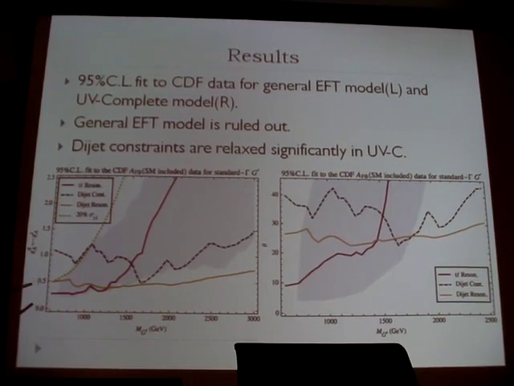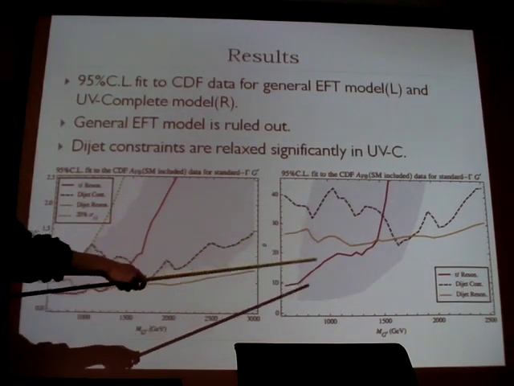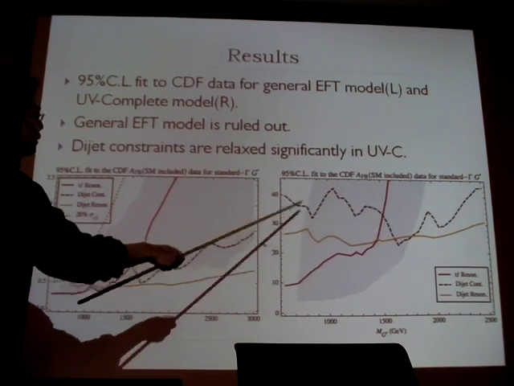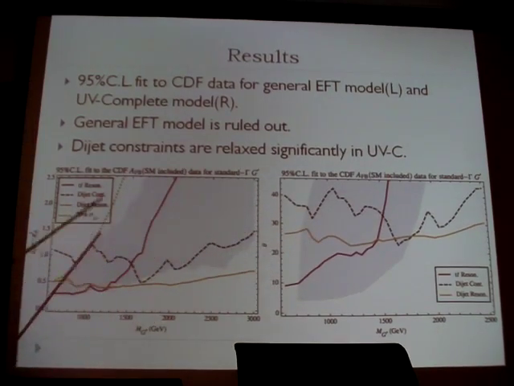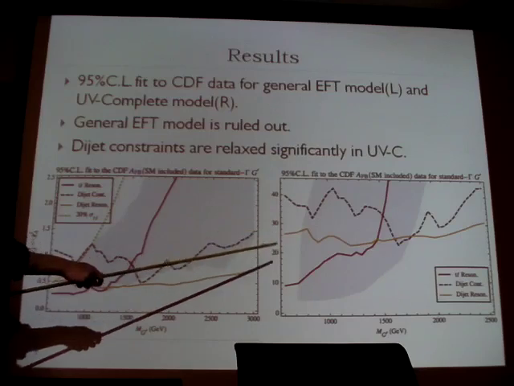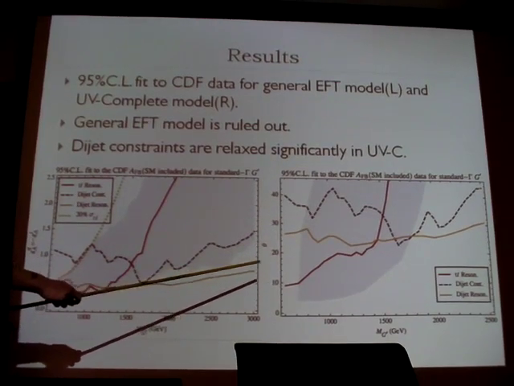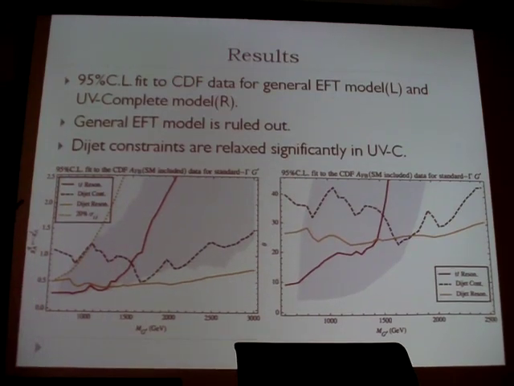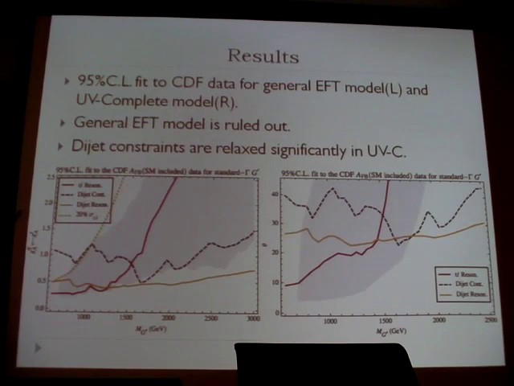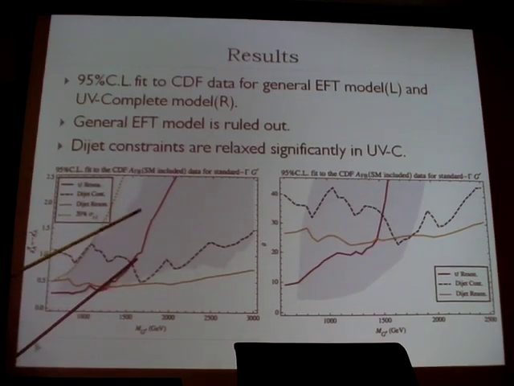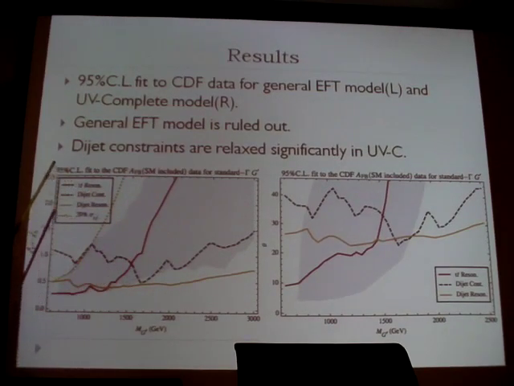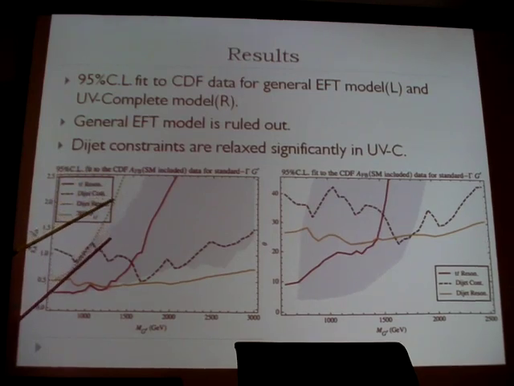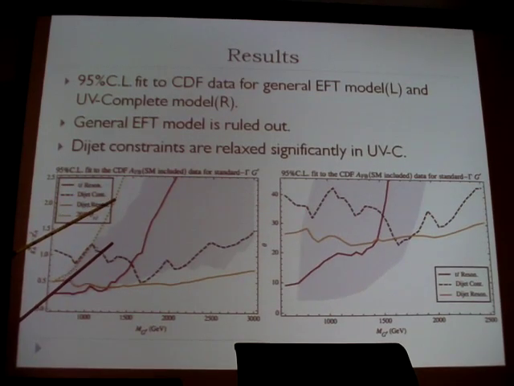Okay. And this one, since we know that all the couplings are a function of theta, there is only one degree of freedom, which is theta, and also the mass of the axigluon. But what is it that's relaxing the constraint compared to the effective field theory? Because since we introduced two new particles, we have two new degrees of freedom, alpha and beta, the mixing angles.